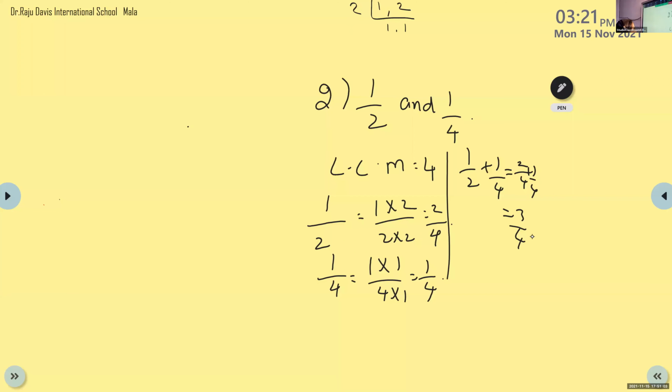Yes, next step you can write LCM as 4. Then you divide 4 by 2. You will get 1 into 2. Another example I will give you. You can try to do it.